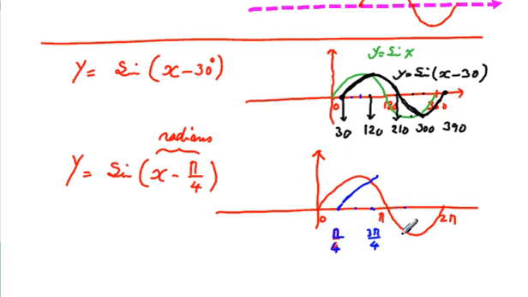Pi plus pi over 4 is 5 pi over 4. That is where we are descending. We were hitting the minimum at 3 pi over 2. We are adding pi over 4 to that, and that makes it 7 pi over 4. That's our new minimum. This was 2 pi. You add pi over 4 to it. That makes it 9 pi over 4.